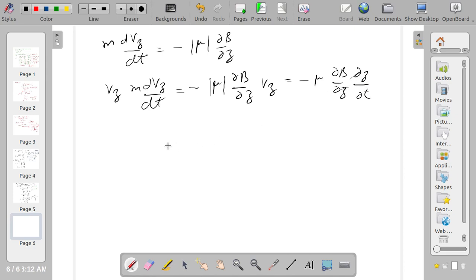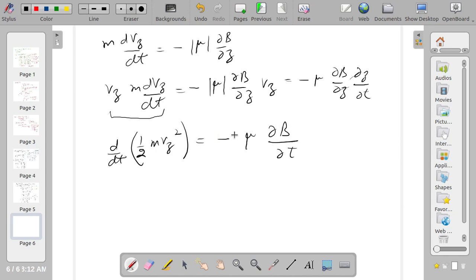It will cancel out with it, and these two terms collectively can be written as d/dt of 1 by 2 m v_z square, and this is equal to minus mu ∂B/∂t.